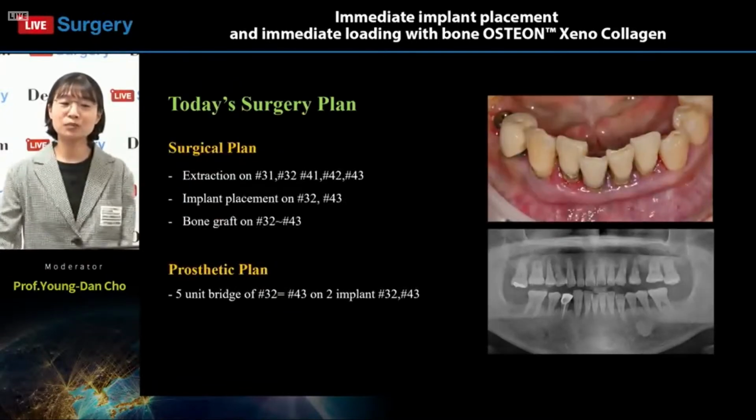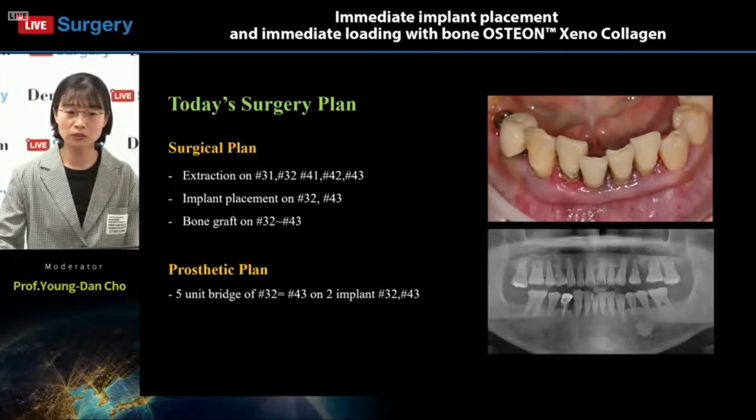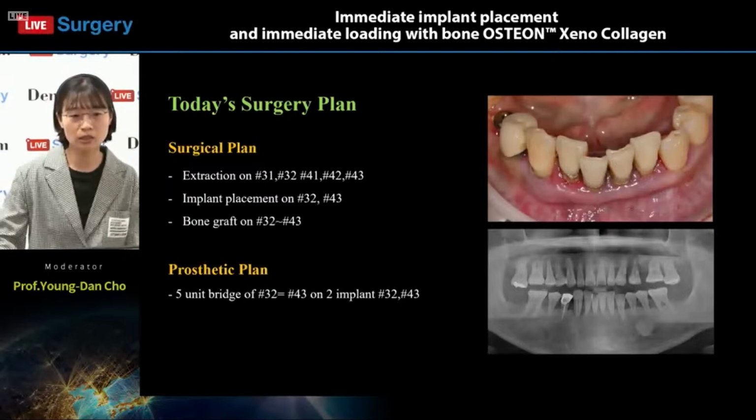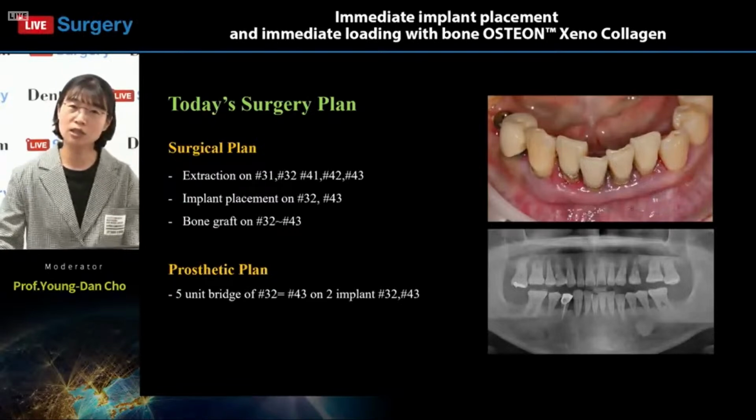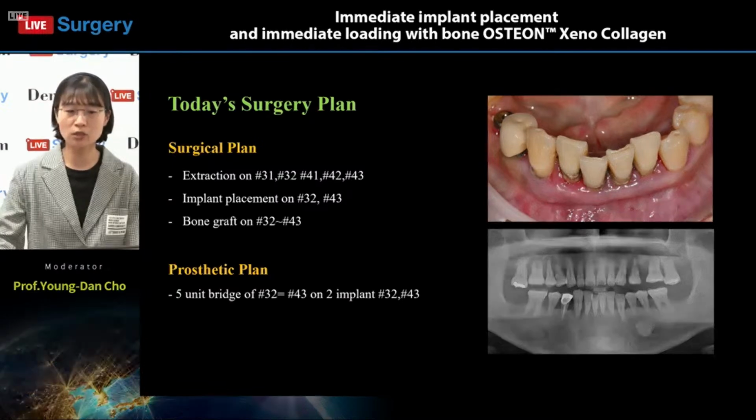Today Dr. Park's surgery plan is to extract teeth number 31, 32, 41, 42, 43, almost all the lower anteriors, and place immediate implants on teeth number 32 and 43, and also a bone graft on the lower anteriors. His prosthetic plan is a 5-unit bridge using the 2 implants placed at the 32 and 43 tooth positions.